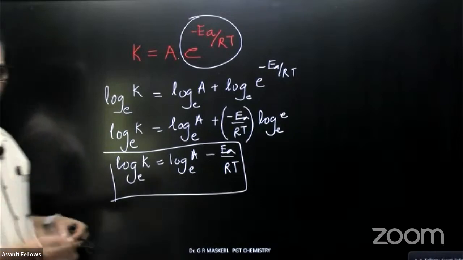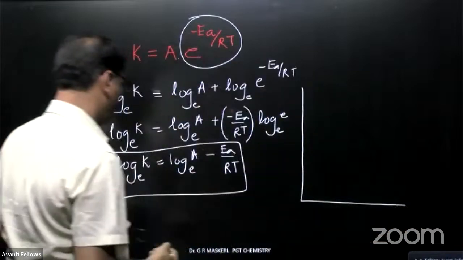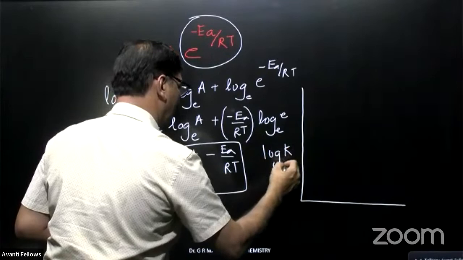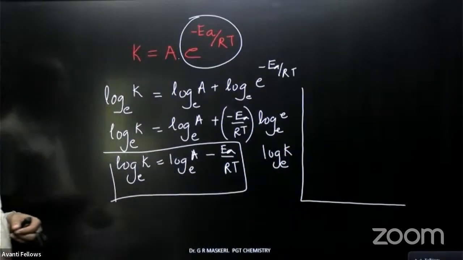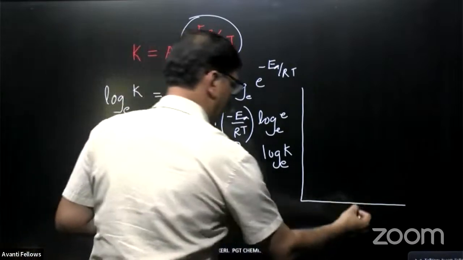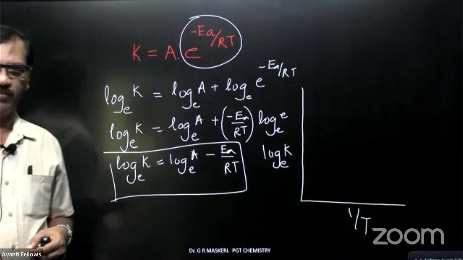Suppose you want to draw a graph where the y-axis is log of K to the base e, and this is 1 by T, say. How could the graph be?